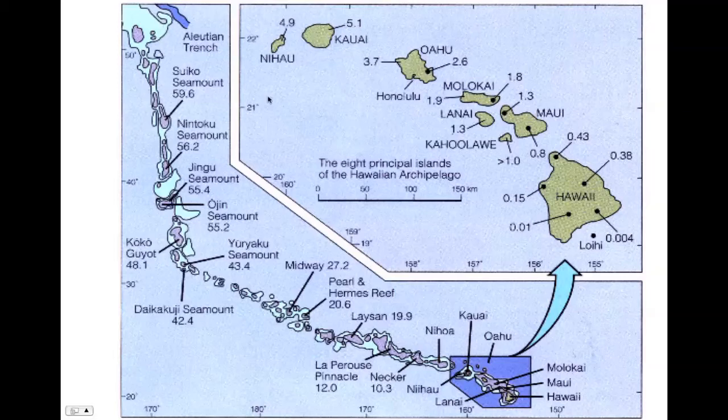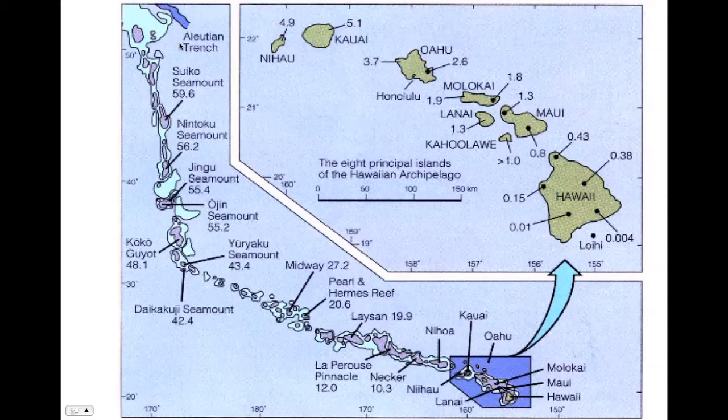This means we do not know how old this hot spot is, because its oldest traces have been subducted in the Aleutian Trench. But we can see that at least with some of the oldest seamounts, here's one that's 60 million years old, we know at least it's that old. But we can't know how much older it is because all evidence has been moved.